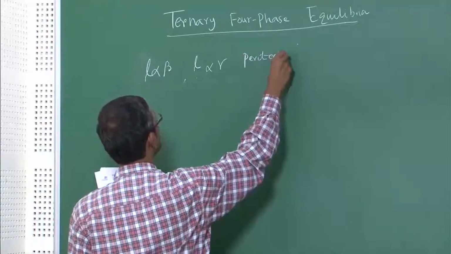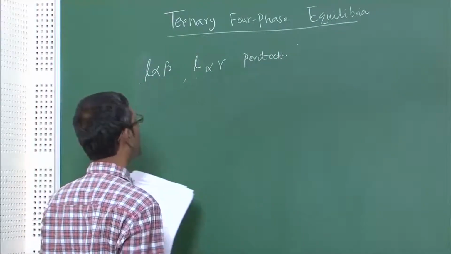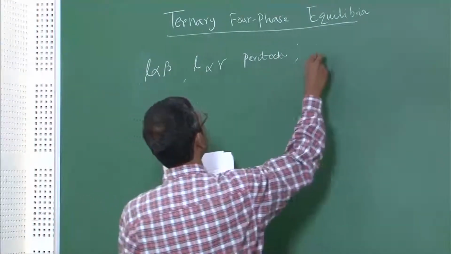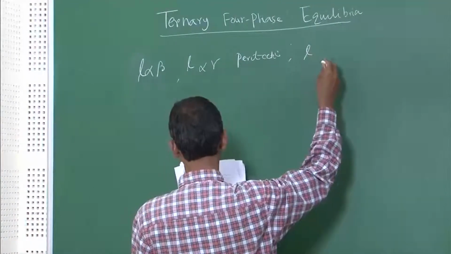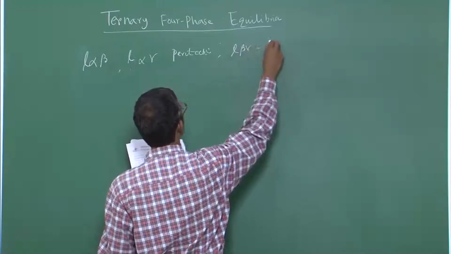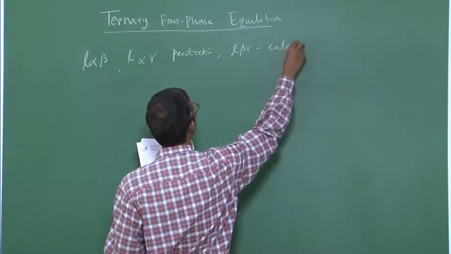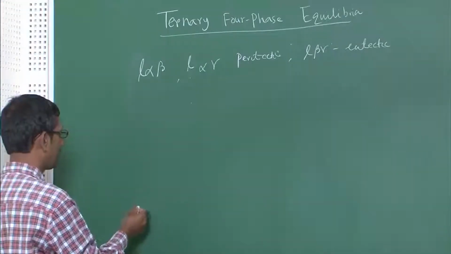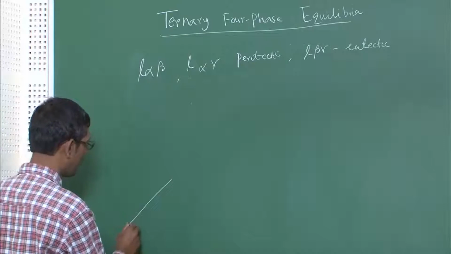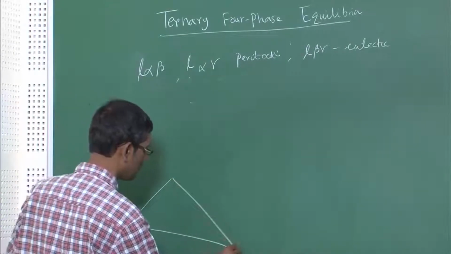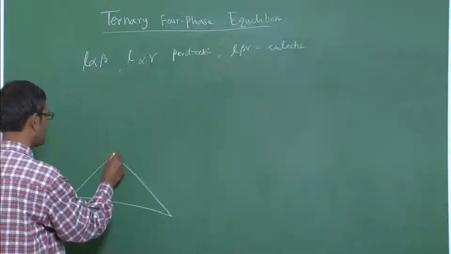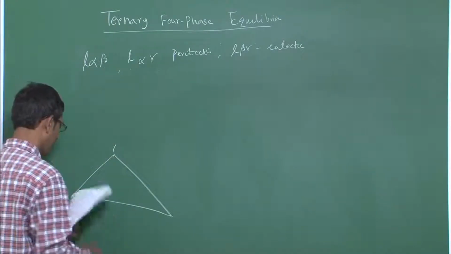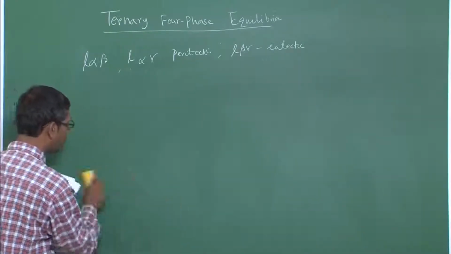What I mean to say is, these are the binaries we will see, and liquid, beta, gamma is eutectic type, right. Let me first tell you what that is. Suppose this is my space model. Oops. Let me draw it the other way, otherwise it will not look nice.